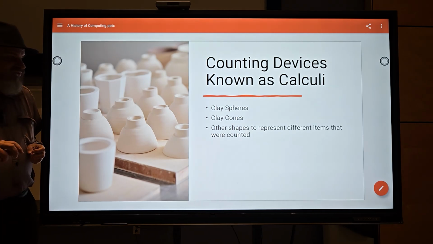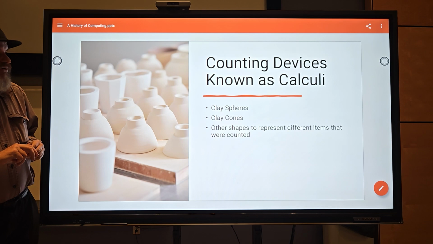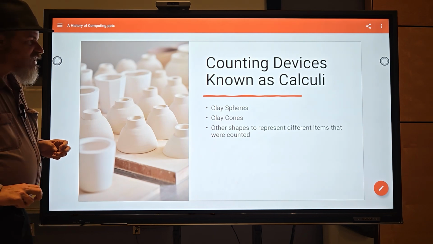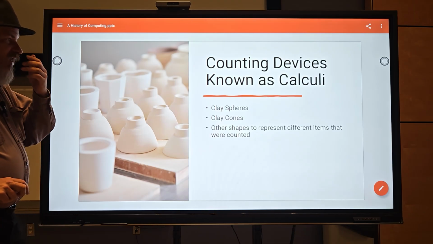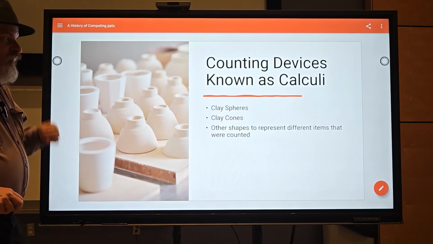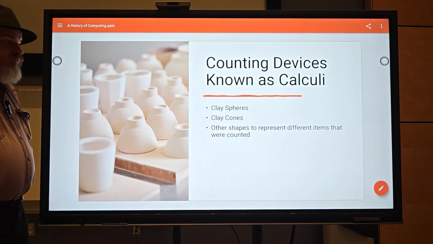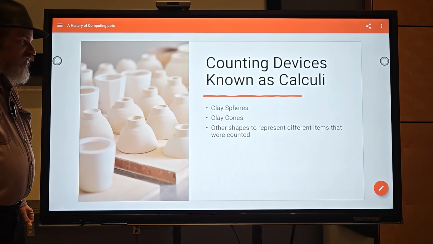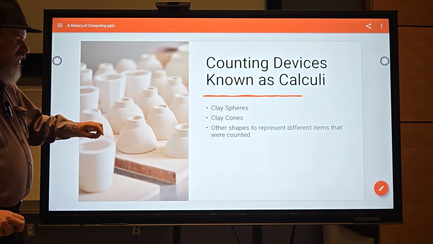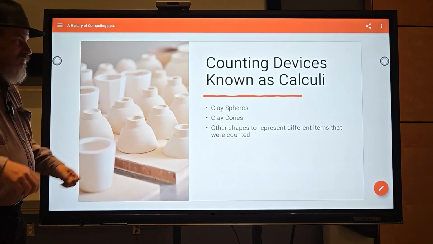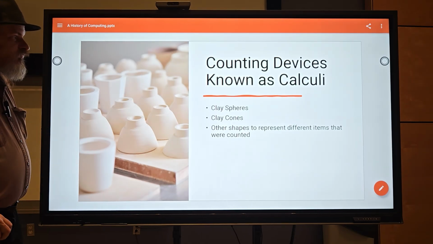That's why we use base 10 in most numerical systems. A clay sphere might represent 1. A clay cone might represent 5. Whatever. But it was used for counting and storage of information by keeping them grouped together.